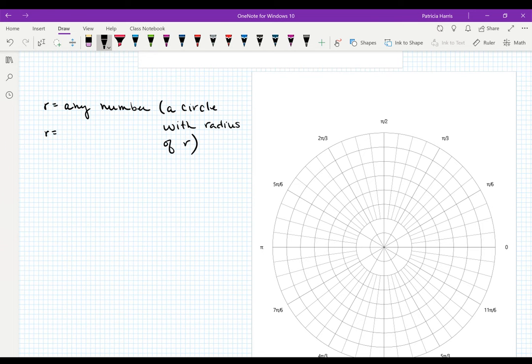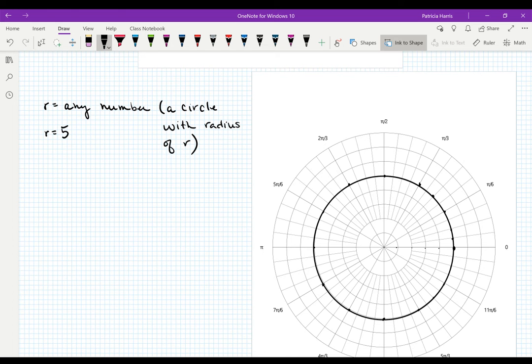If I give you R is equal to 5, then you're graphing a circle with radius 5. 1, 2, 3, 4, 5. I'm just doing a lot of circles so I can connect all my dots. And there we go. That's a basic R graph.